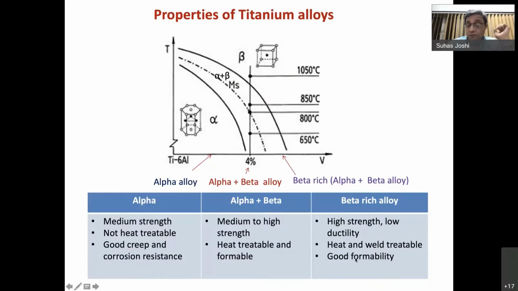Good formability is also another characteristic of beta alloys, whereas good creep resistance is a characteristic of the alpha alloys. So they have good applications where corrosion resistance is required.